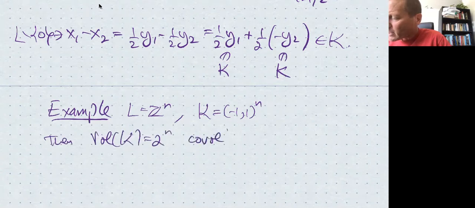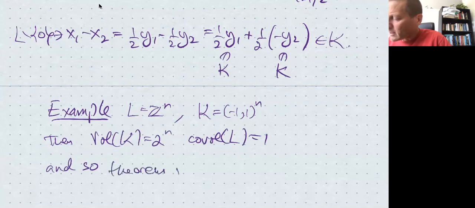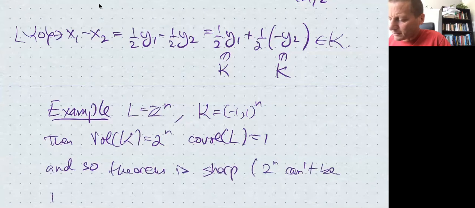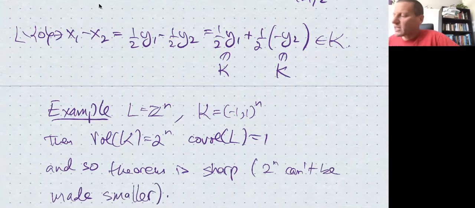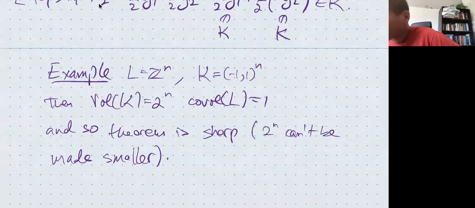The co-volume of L is 1. And so the theorem is sharp in the sense that 2 to the n can't be reduced.